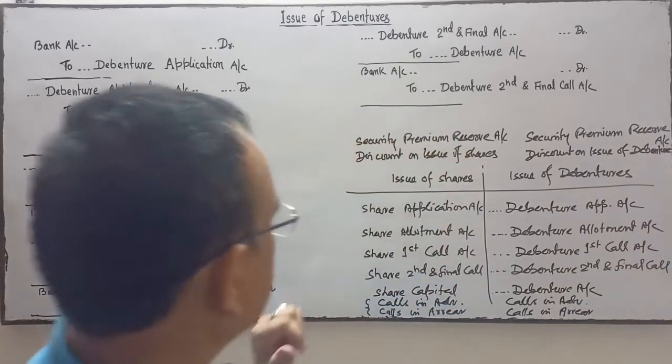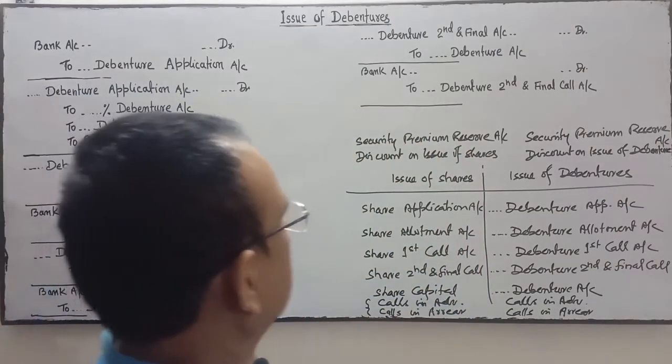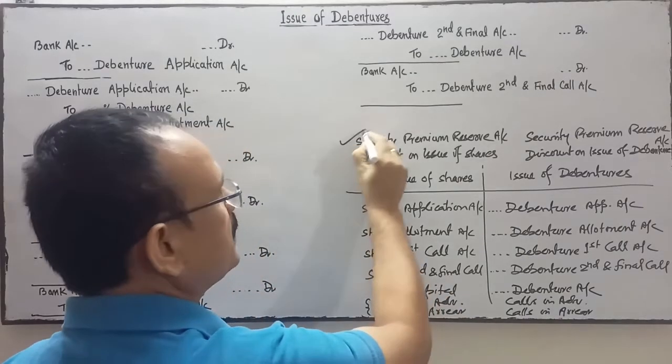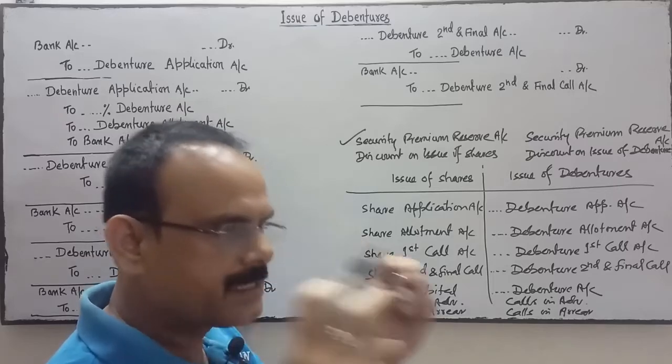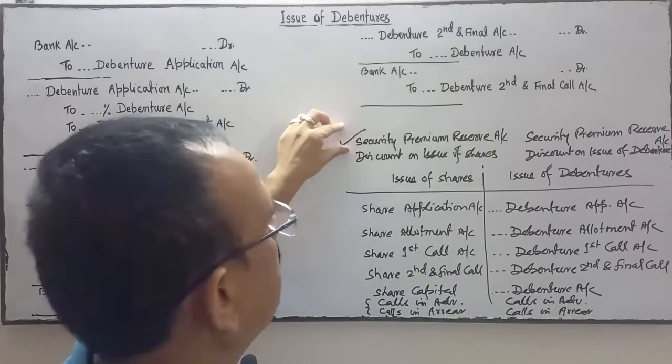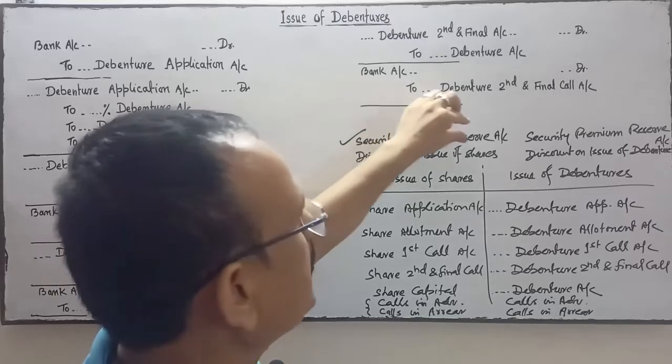So what is common? There is no change. Securities premium reserve. Whether the debenture is issued at a premium or the share is issued at a premium, the same account will be opened, securities premium reserve.